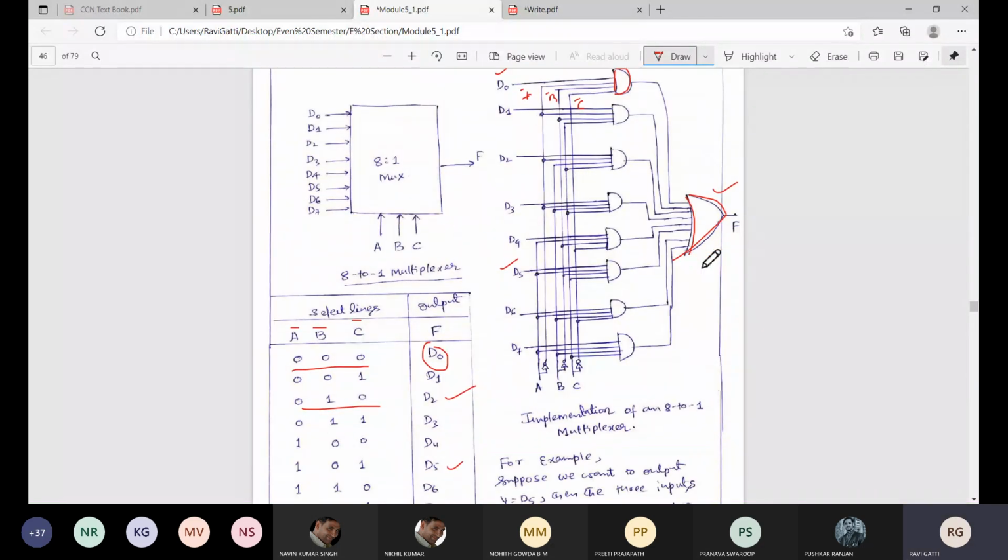Please make a note of this circuit, this 8:1 multiplexer, this table, and this circuit diagram.